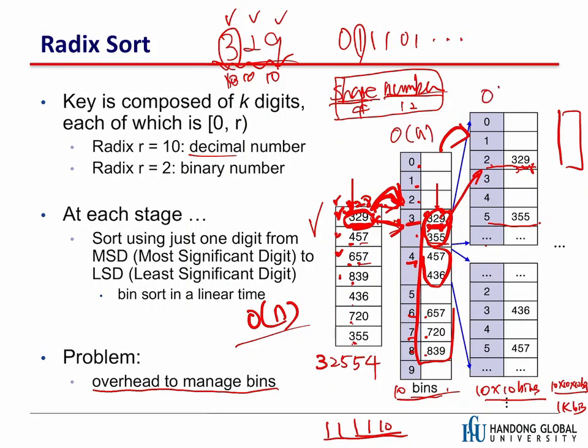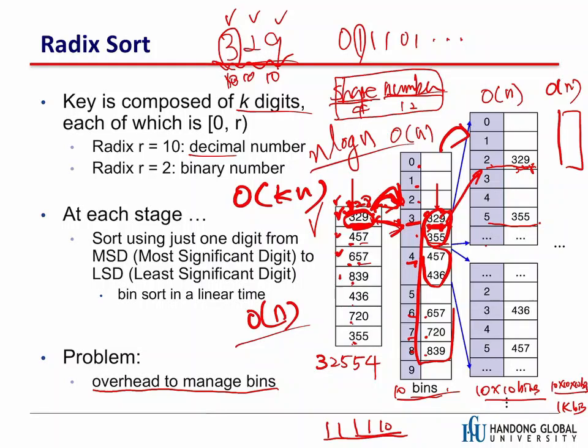And for this stage we need linear time, and for this stage we need linear time. So when we have k digits, then basically it is kn. Okay, that's way much better than quicksort and heap sort. They are like n log n.